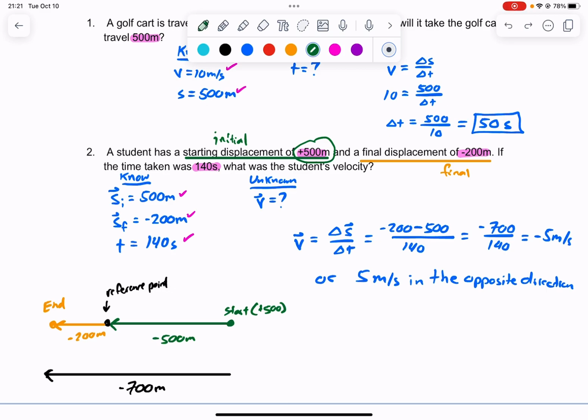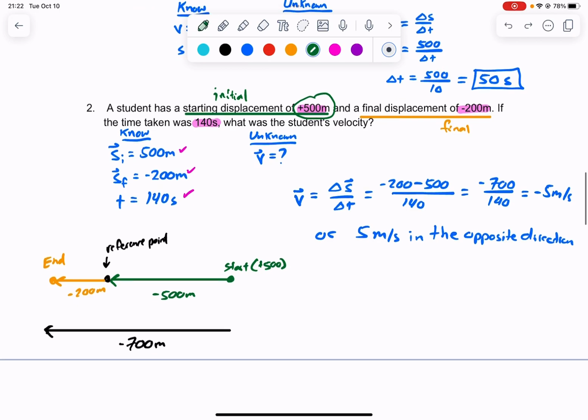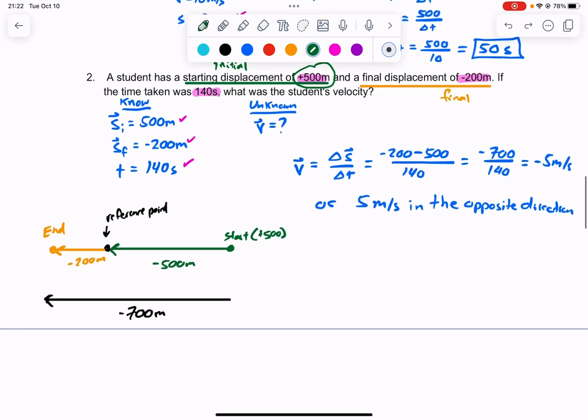And so then ultimately what you wind up being is negative 200 meters from that reference point. And so the total you would travel from start to the end here is negative 500 plus another negative 200, which is a total of negative 700. So kind of a weird one to visualize, but that's how you would figure out that displacement.